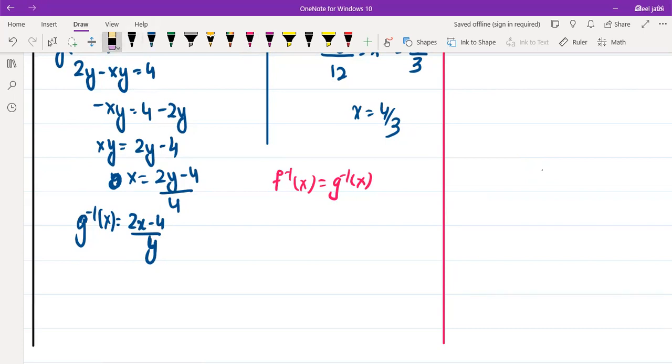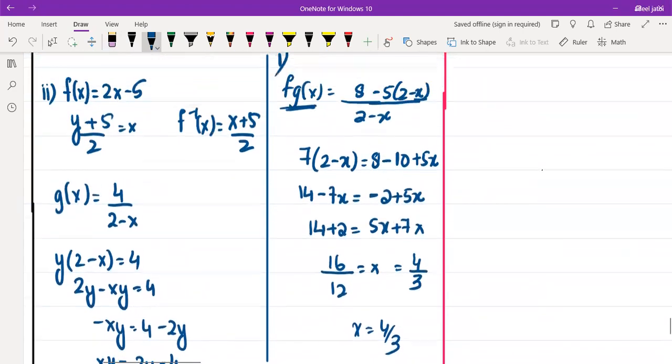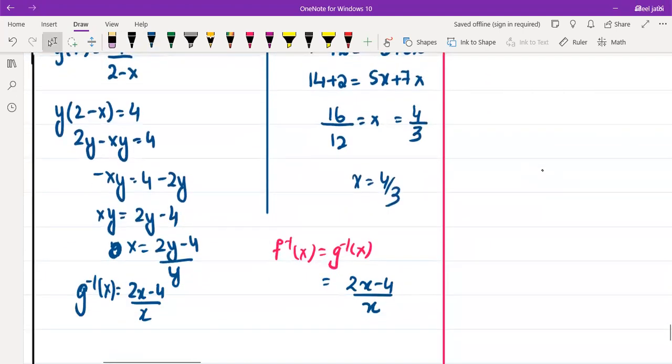When I change my g inverse of x, this was 2y minus 4 upon y, so we shifted to 2x minus 4 upon x, where f inverse will be x plus 5 upon 2.